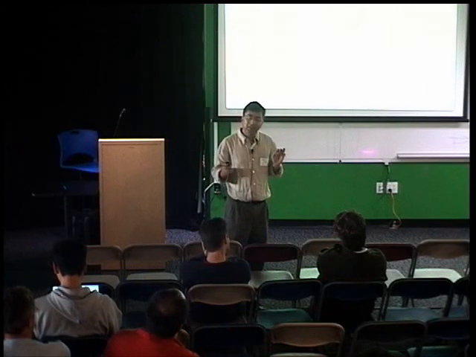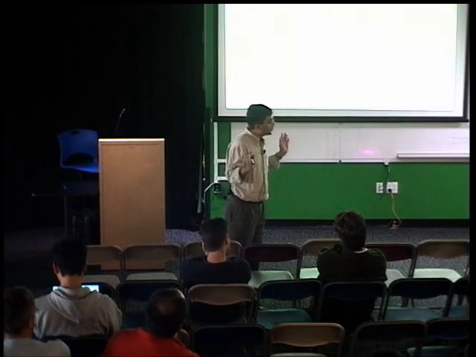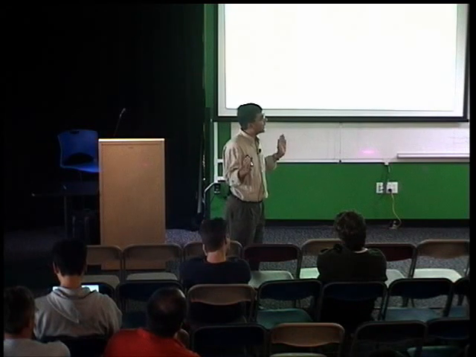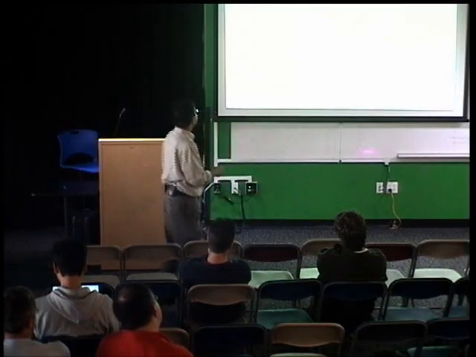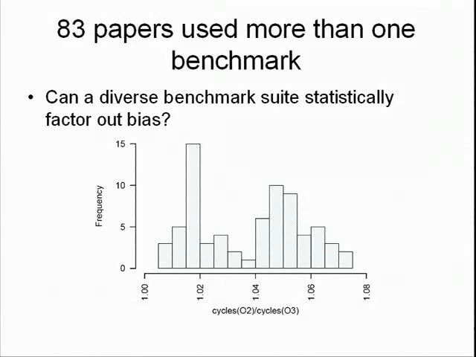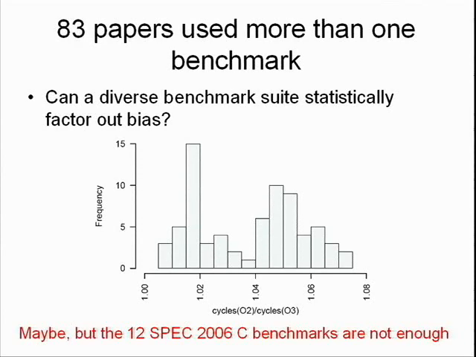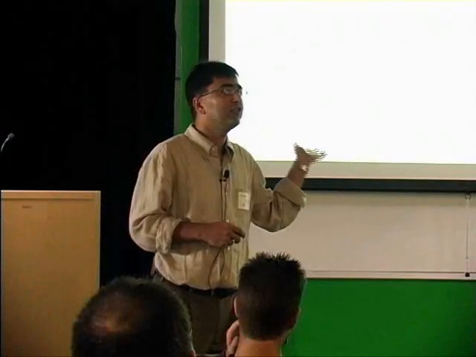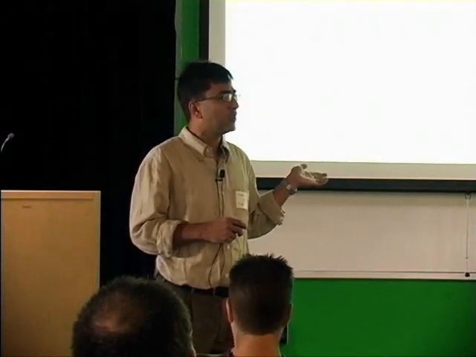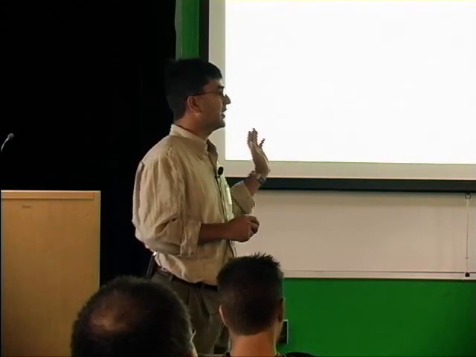If it was the case that the benchmark suite was large enough to cancel out bias, then we would see a very tight distribution. Instead, we see a broad distribution that spans about 7%. In other words, it could be that if you use enough programs, it will cancel out bias, but at least the 12 standard benchmarks that we used were not enough to cancel out bias.